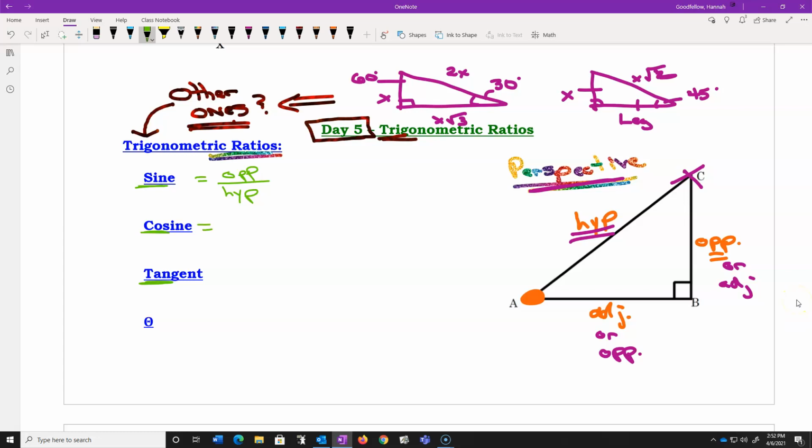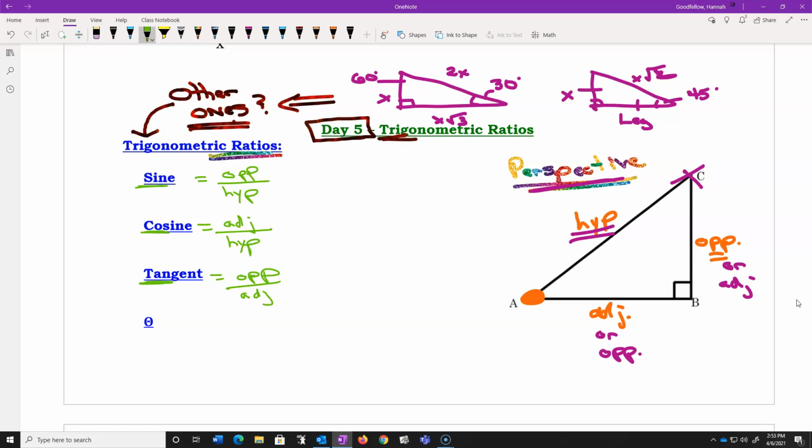Cosine uses a little different relationship. It uses the adjacent and the hypotenuse as a combination of two ideas. And the tangent uses the opposite over the adjacent, and it doesn't use the hypotenuse at all.